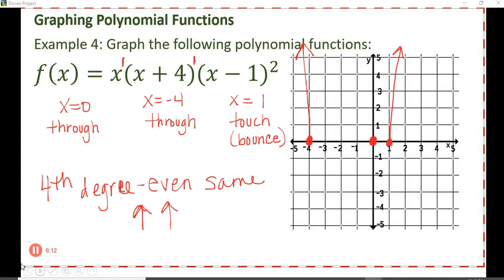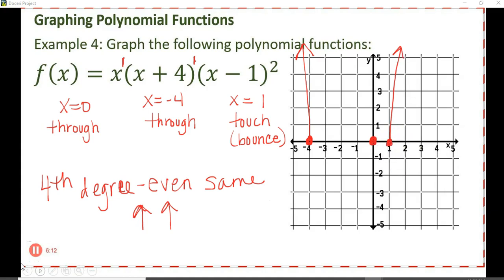Okay, so I know that at x equals negative 4, the graph is going to go through. So it's going to come through. So it's not going to bounce here. It's going to move through. So because it moves through at negative 4, and it also goes through at 0, then that means it's going to bounce off the 1.